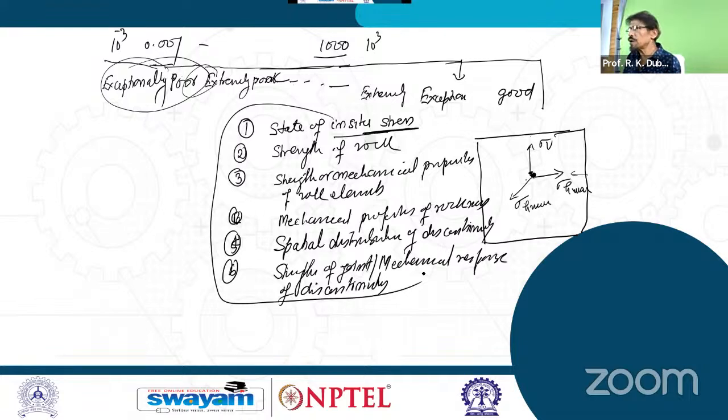Here, these parameters we are going to see to know about the condition, about the strength or mechanical response of rock as well as rock mass, as well as the discontinuities present in rock mass. So in true sense, we can say that none of the ground is made up of rock. All kinds of ground is made up of rock strata, which are integration of the rock mass.